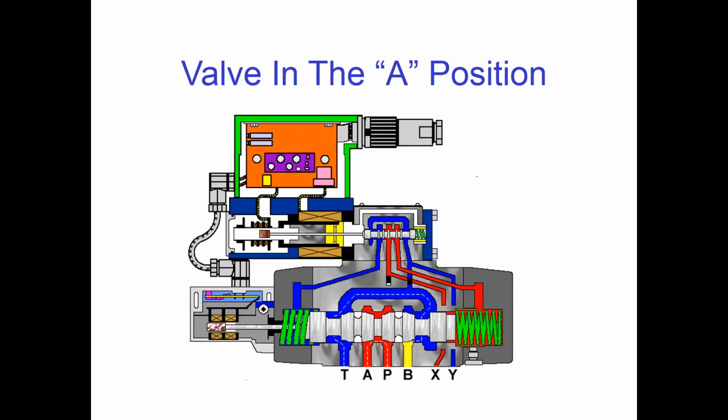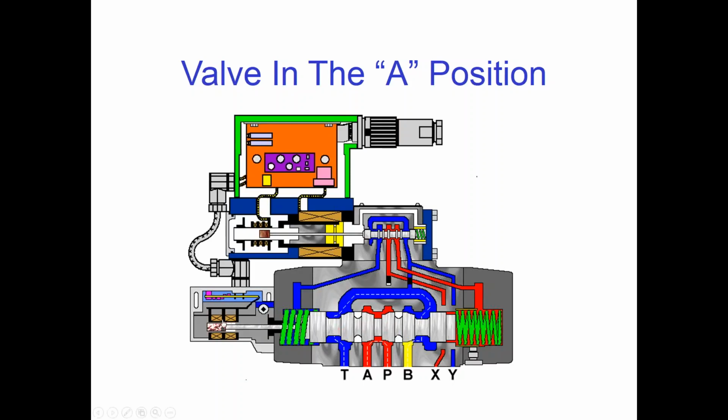Right. So when the valve is shifted to its A position, see that our pilot valve is shifted to its A position. Pilot pressure comes externally through the X port and is directed over here to the main spool, shifts the spool to the left.